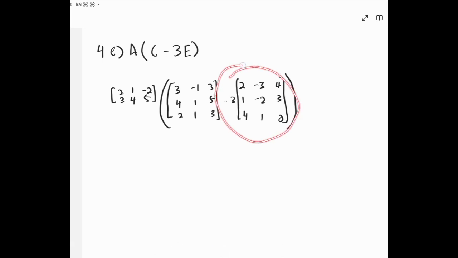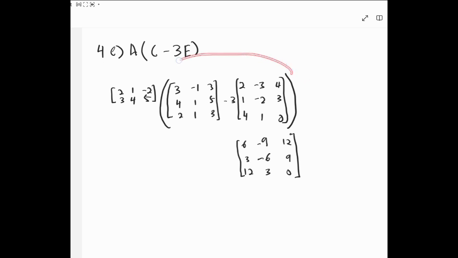This is a scalar multiplication where you multiply each element with 3. And this is what it becomes. Next, we need to solve the operation inside the bracket. So let's pull this matrix down.